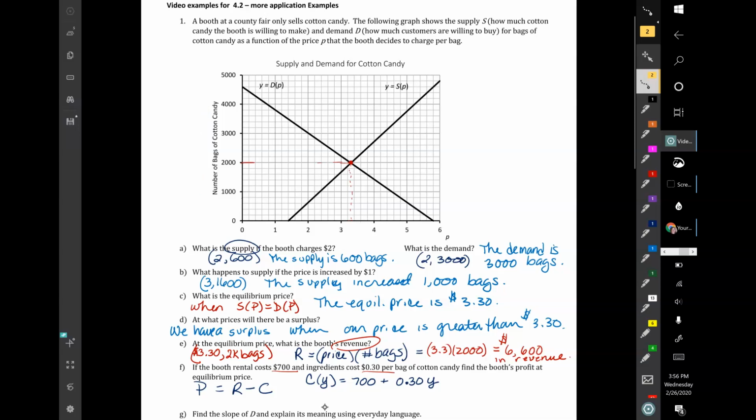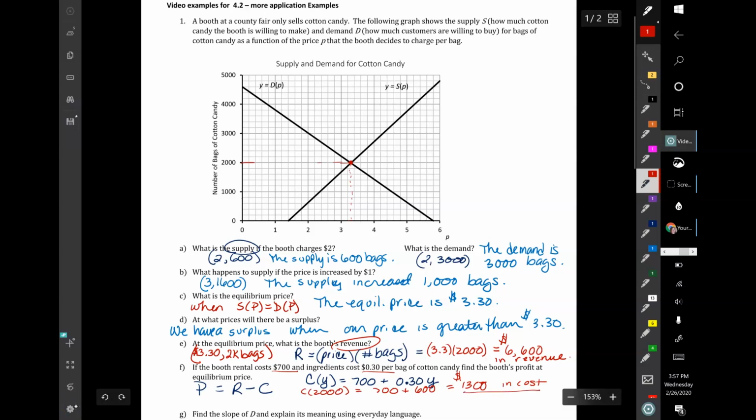So if we said before that we had 2,000 bags at our equilibrium price, then we are going to need to put y equals 2,000 in there and crunch the numbers. So let's go ahead and do that. Okay, so we get that the cost is going to be $1,300 for the cost at the 2,000 bags.